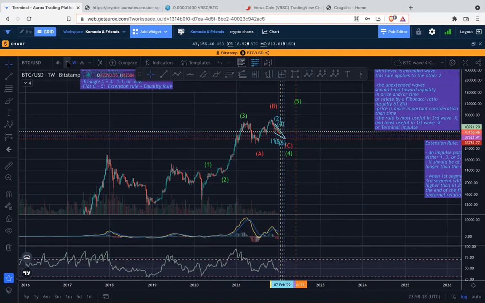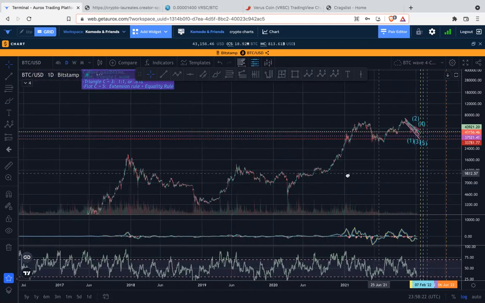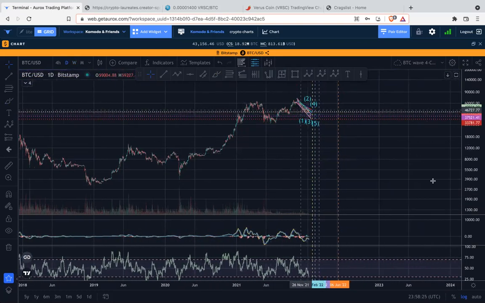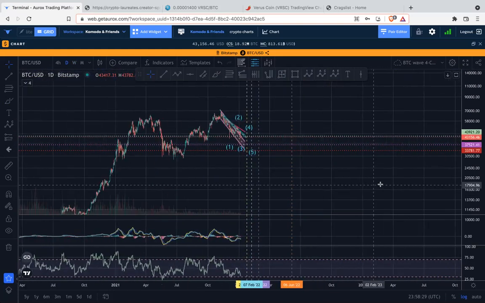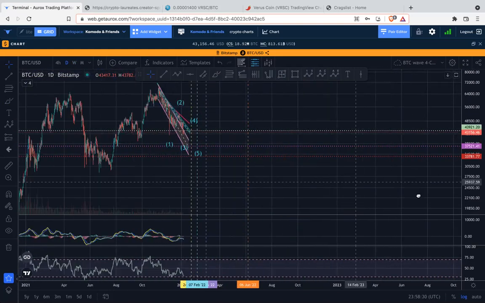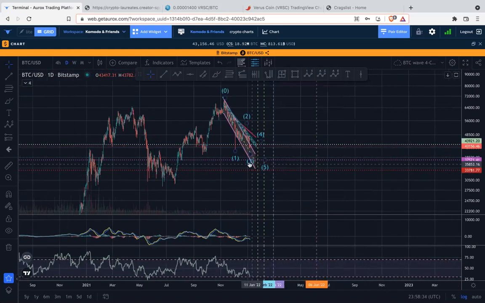Okay, we're going to take on that daily price chart right now. So as you see here would be this C wave. If we're looking at it, we'll get closer into it.